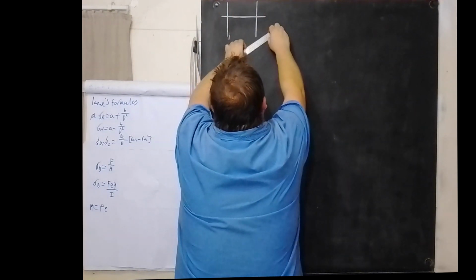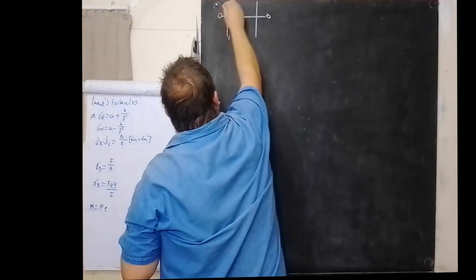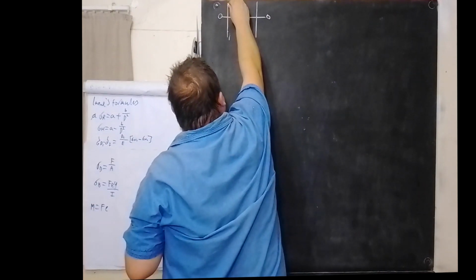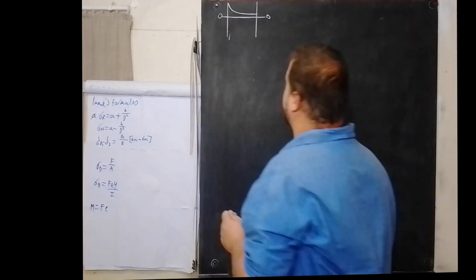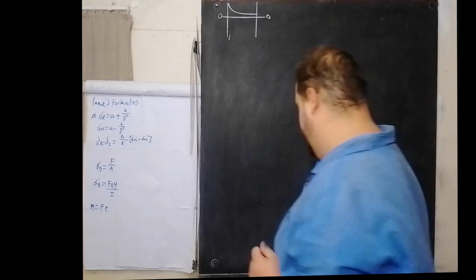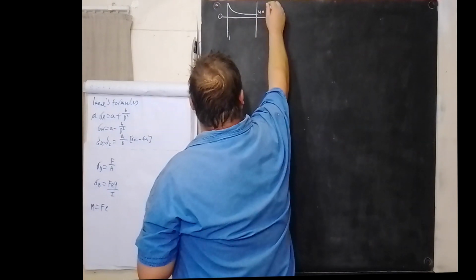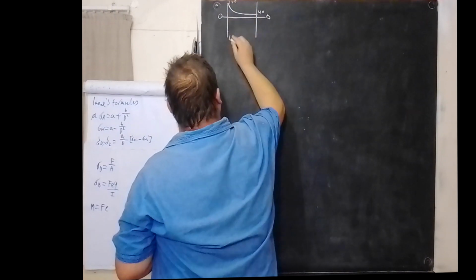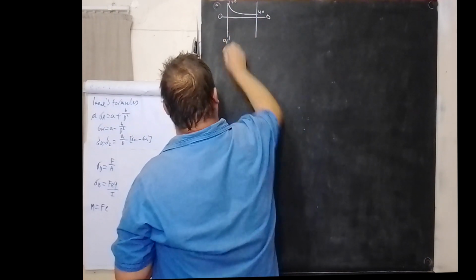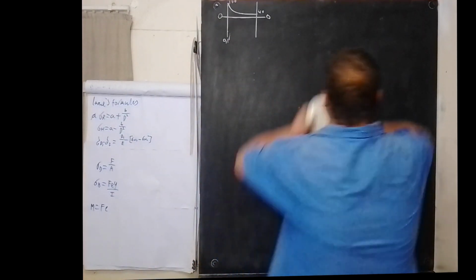All we have is 0, 0, and it goes all the way from here to here. Now this is at 40 megapascals and that is at 100 megapascals. This is 0.1.